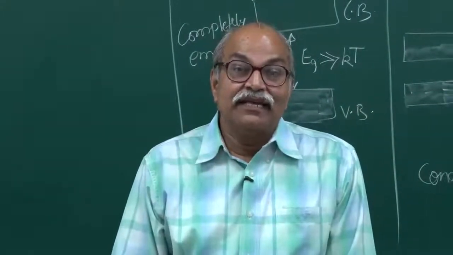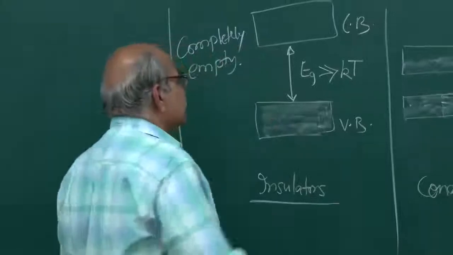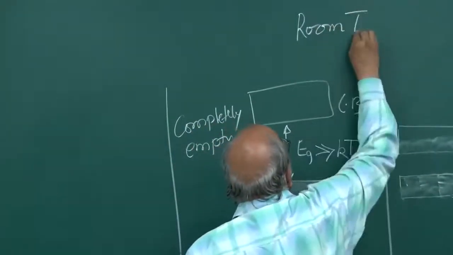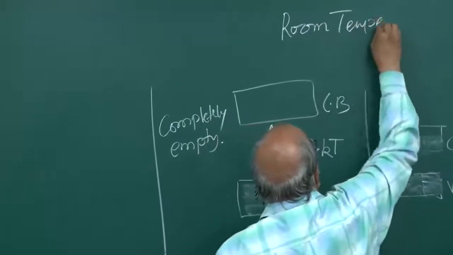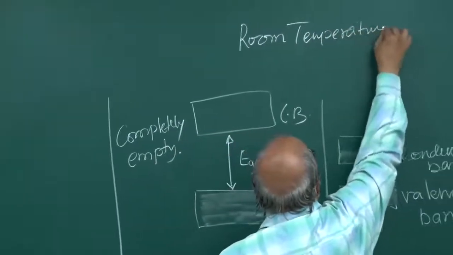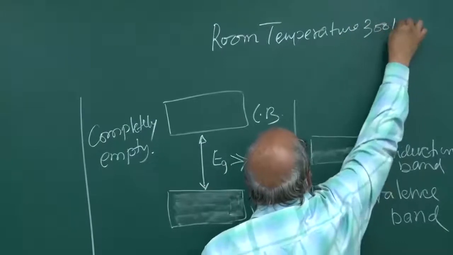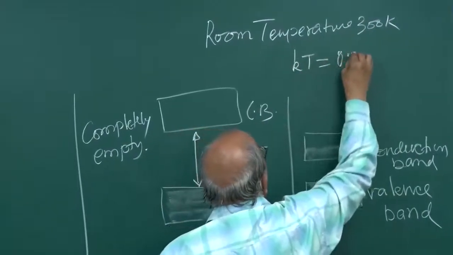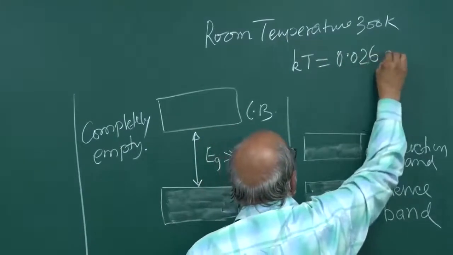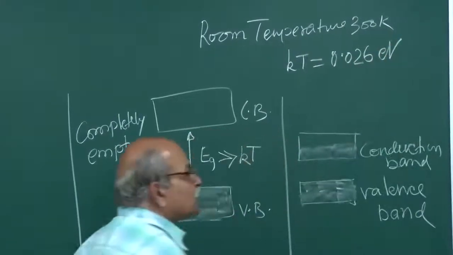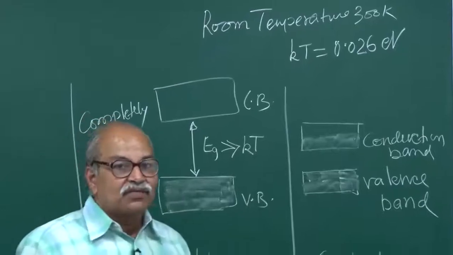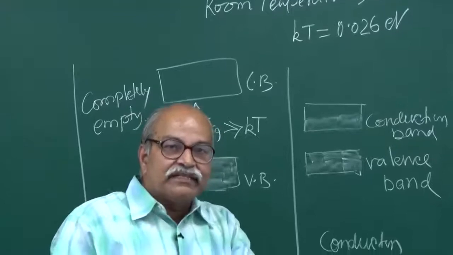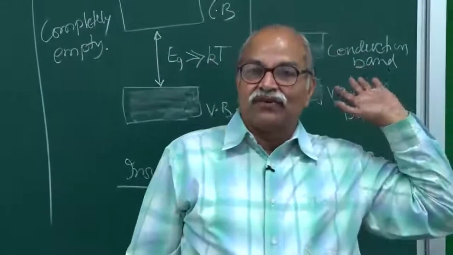So this K into T, for example at room temperature, 300 K, is 0.026 electron volts or 26 milli electron volts. So this is KT. This is the average, the order of energy exchange.